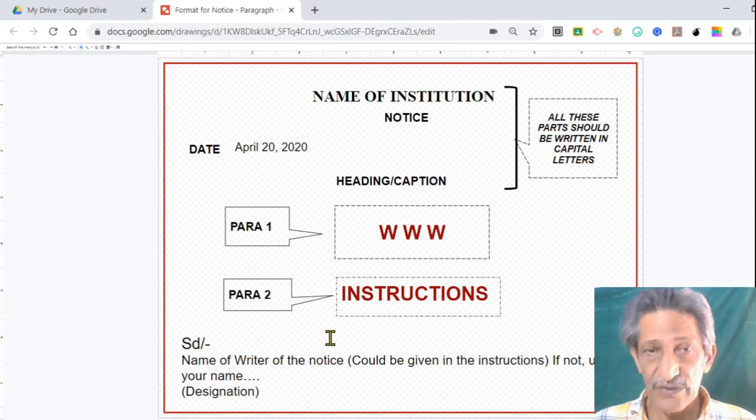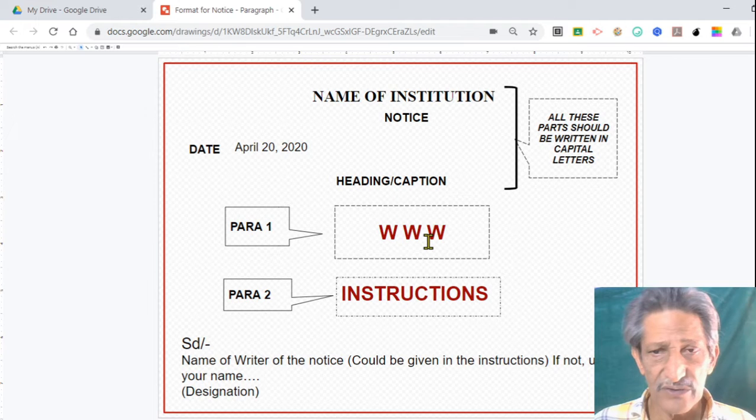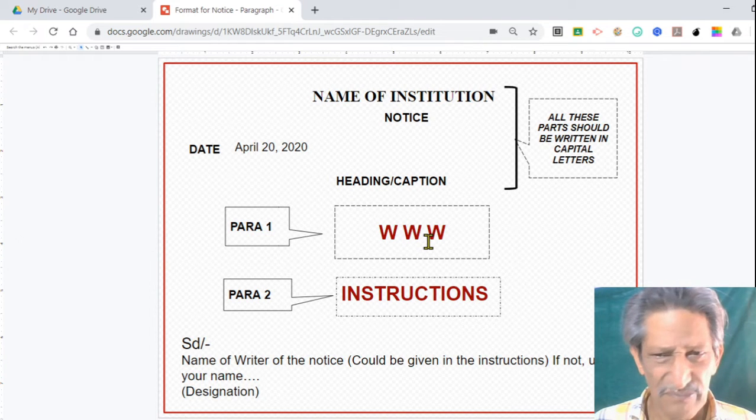Now, especially for the 12th class, the 3 W's may or may not be given. You could be given a hint, let's say you're supposed to draft a notice for a function in your school, which is going to be held at the end of May.